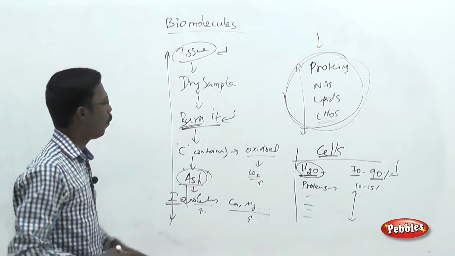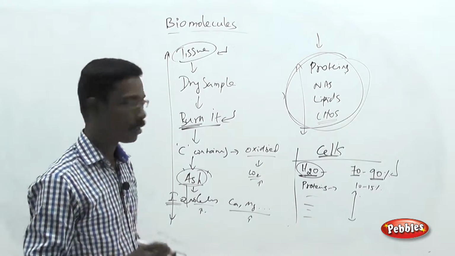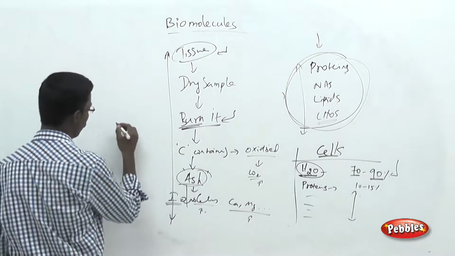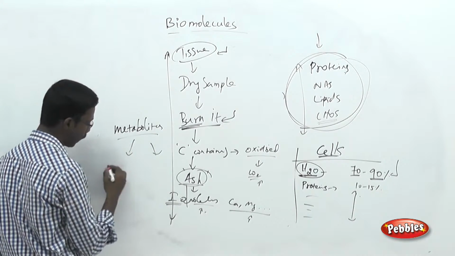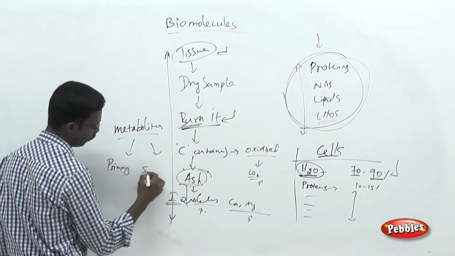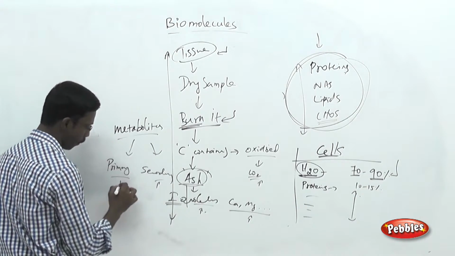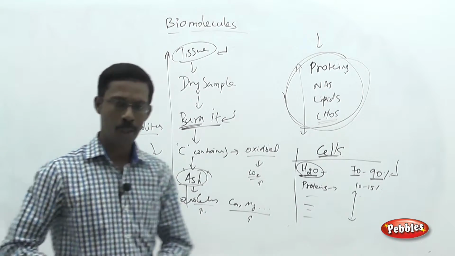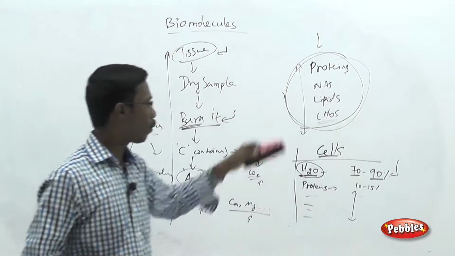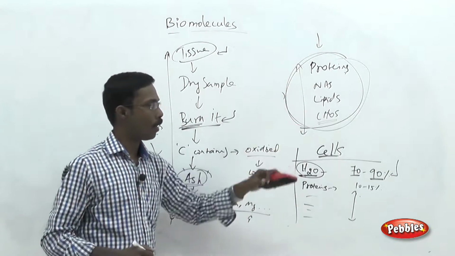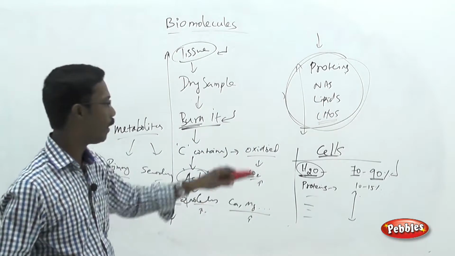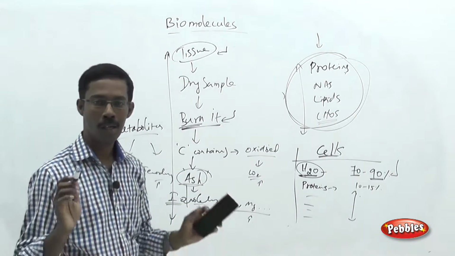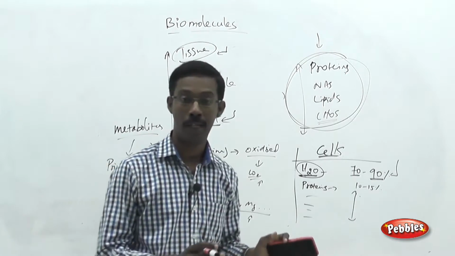Okay, and now we are going to learn two other terms related to the biomolecules, that is, the metabolites. In the metabolites there are two categories, primary and secondary metabolites. As I told you, the proteins, nucleic acids, lipids, carbohydrates, in other words the amino acids, the nucleotides, the fatty acids and simple carbohydrates are the major components of any cell.